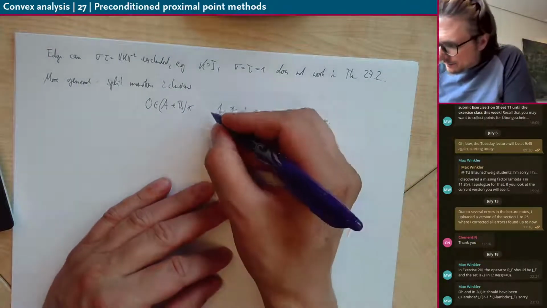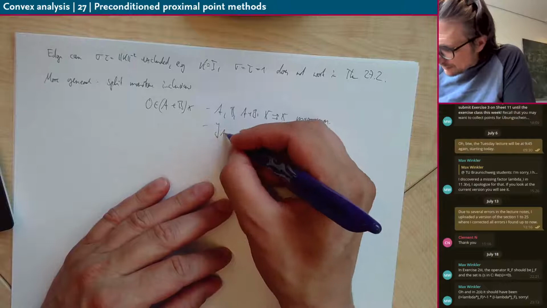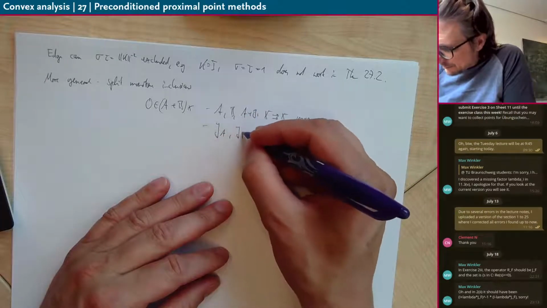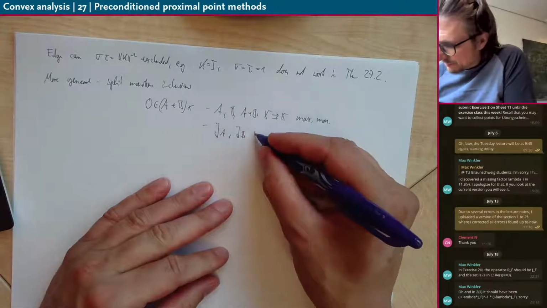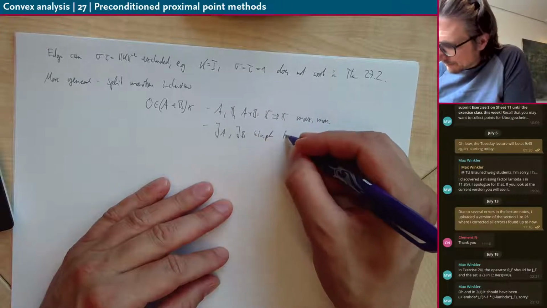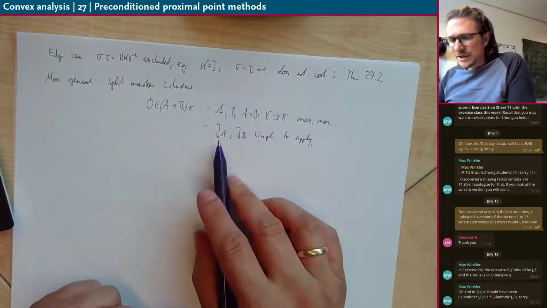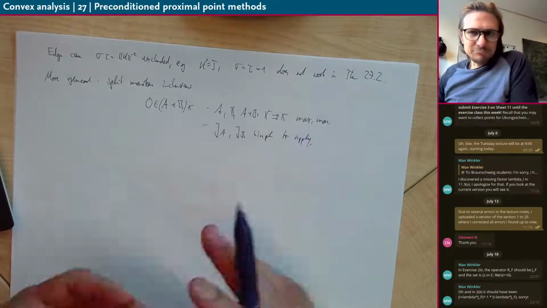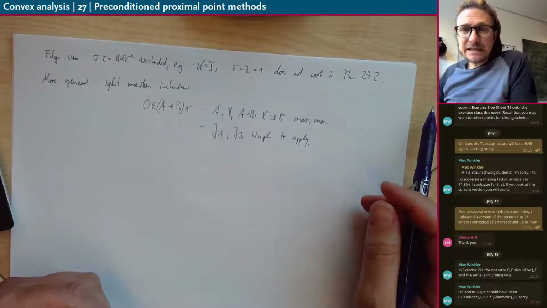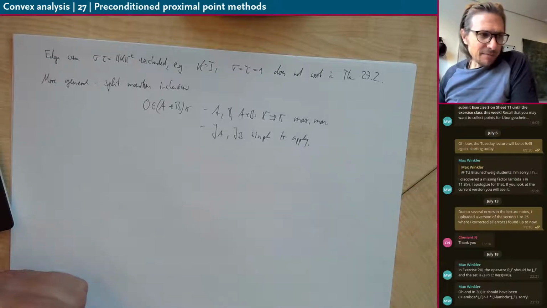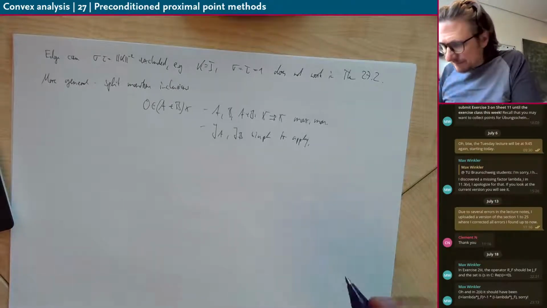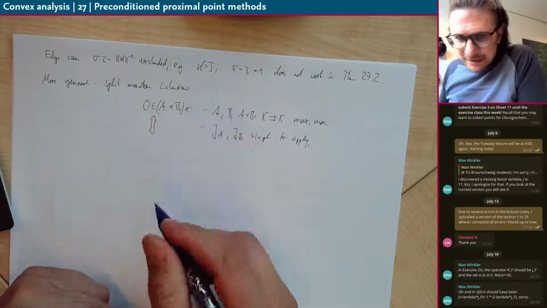And we assume that the resolvents of A and B are simple to apply, in the sense, as before, that applying J_A to some vector x is a simple task which takes about linear time, so time linear in the dimension maybe.